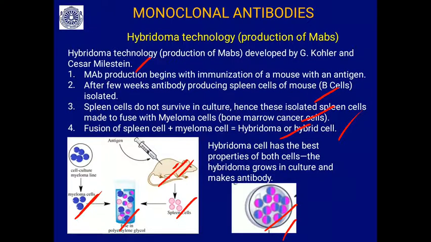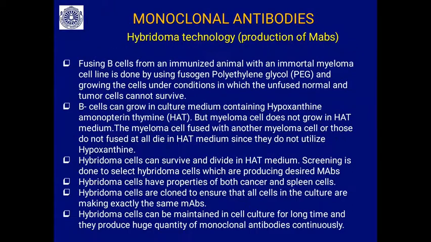That is the advantage. The cancer cells multiply fast, and the spleen cells produce antibody for the injected antigen.